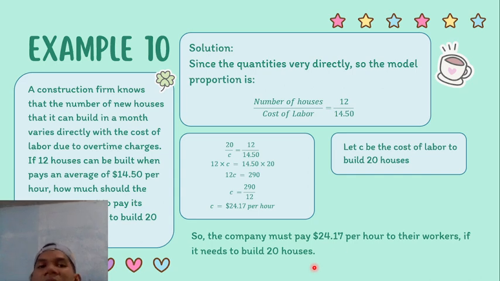Solution: since the quantities vary directly, the proportion model is number of houses divided by cost of labor equals 12 divided by 14.50. Let C be the cost of labor to build 20 houses.